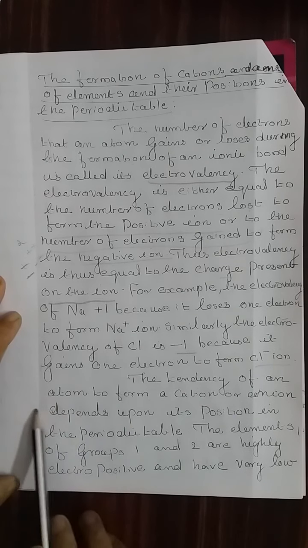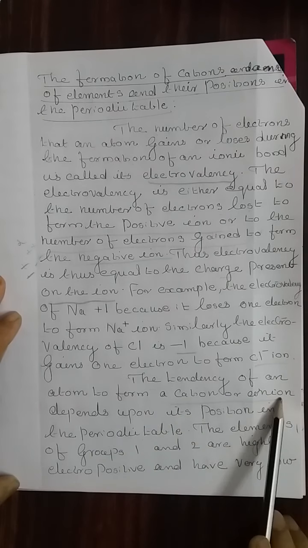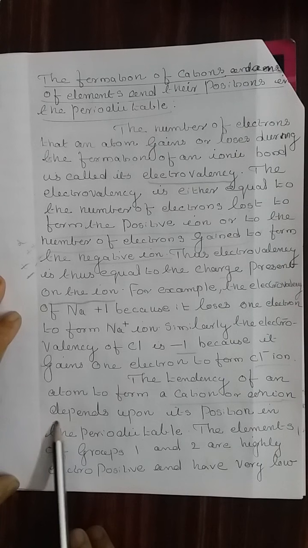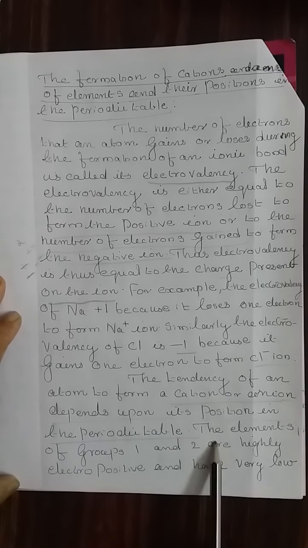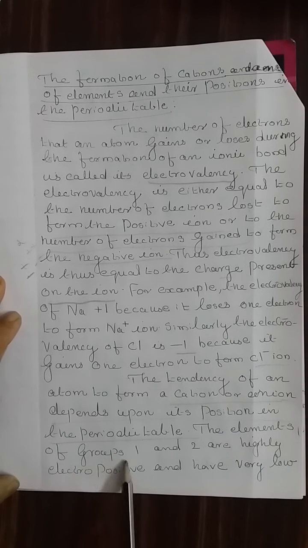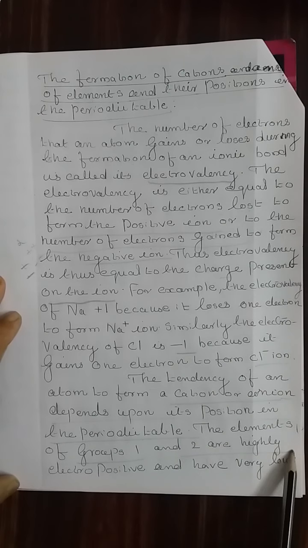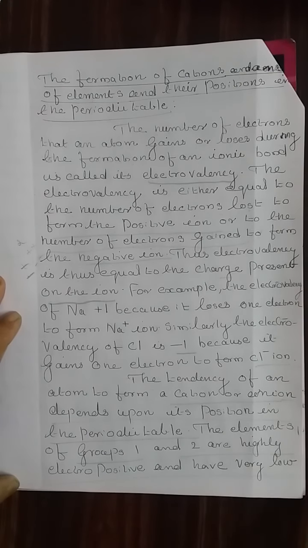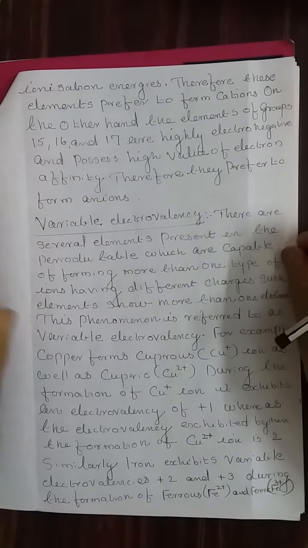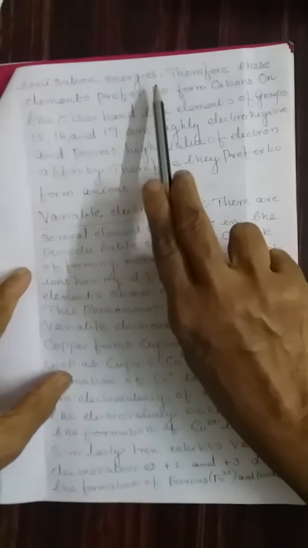The tendency of an atom to form a cation or an anion depends upon its position in the periodic table. The elements of group 1 and group 2 are highly electropositive and have very low ionization energies.